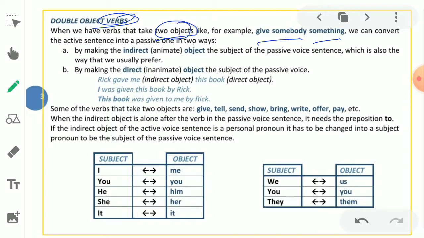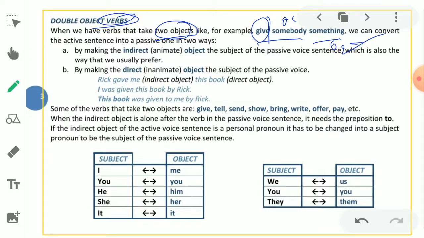Give is used as the verb, but the object is like somebody has given something. Here somebody is object 1 and something is object 2. So there are two objects. If there are double objects, how to convert that sentence into passive? That is what they are going to explain here.